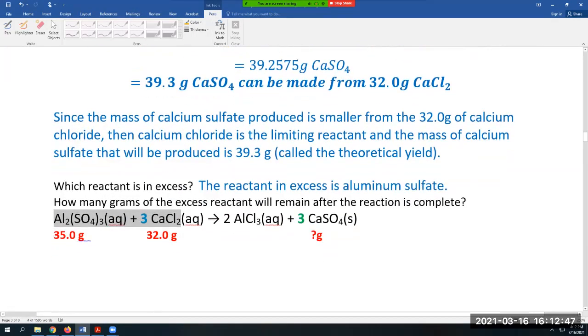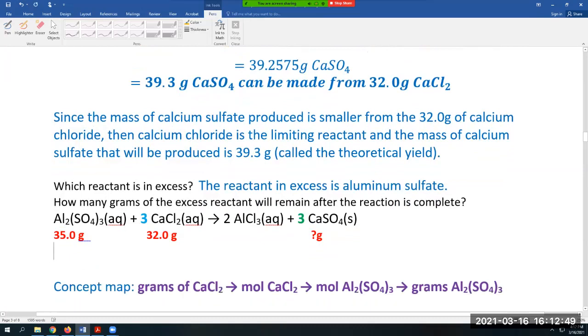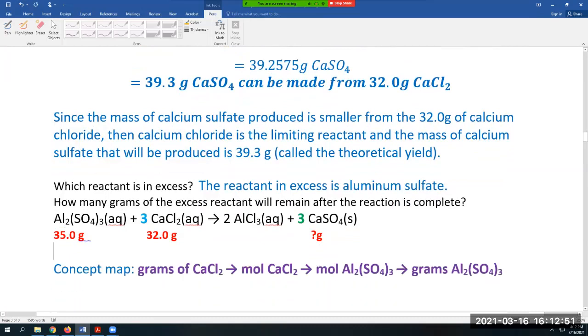So the concept map will look like this. We'll go from grams of calcium chloride to moles of calcium chloride, to moles of aluminum sulfate, and then back to grams of aluminum sulfate. This way we will know how much of the aluminum sulfate has been used.